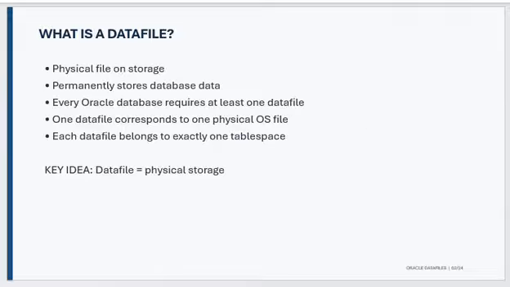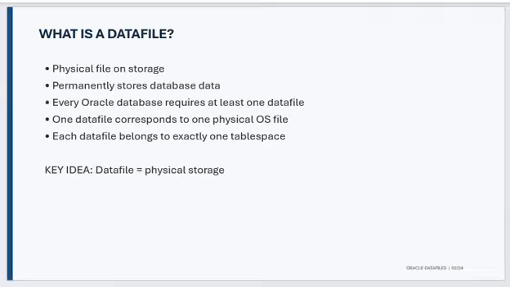The first question is, what is a data file? In simple words, an Oracle data file is a physical file on storage that Oracle uses to permanently store database data. Think about a normal computer, our laptop or home personal computer.